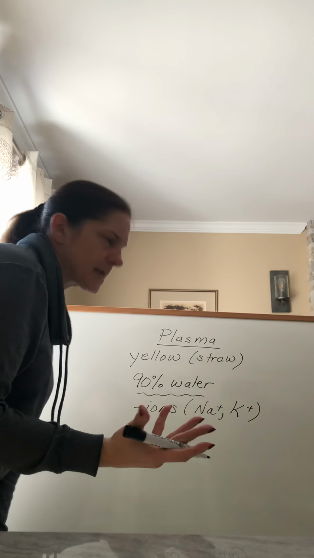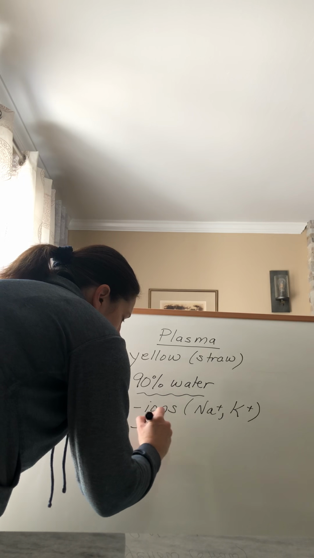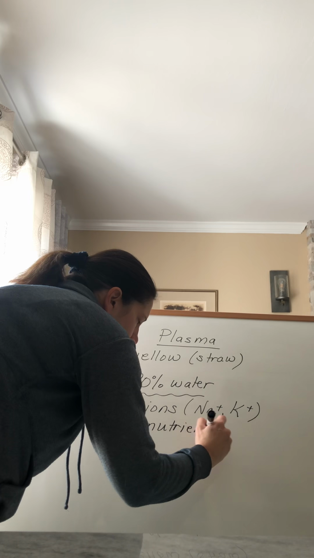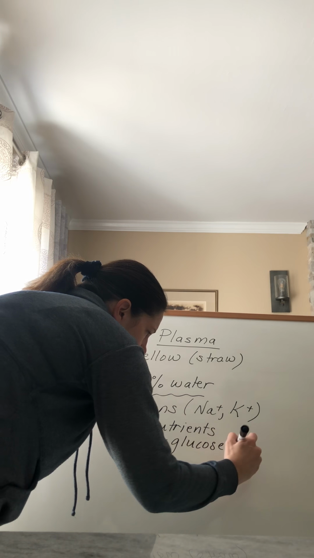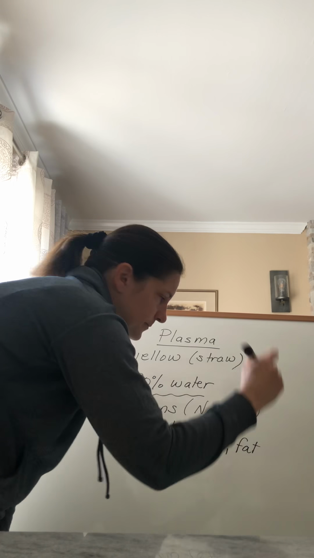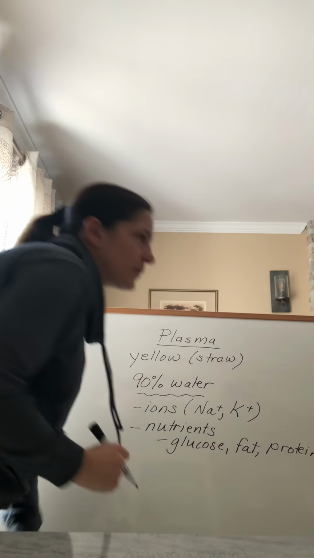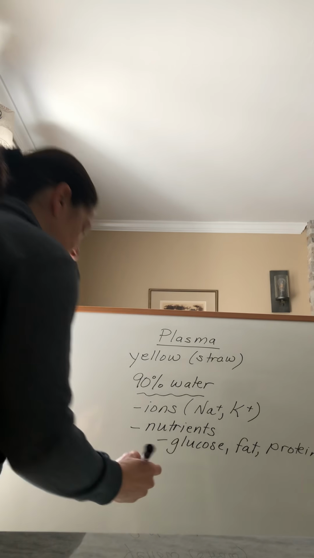You have minerals like calcium present in your blood plasma as well. Nutrients, things like glucose, fat like cholesterol, protein. So if you're having cholesterol testing done, this is where they're getting that information.